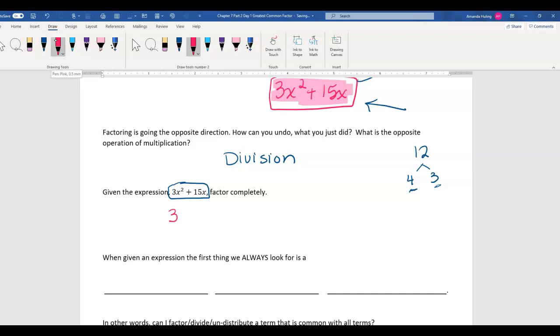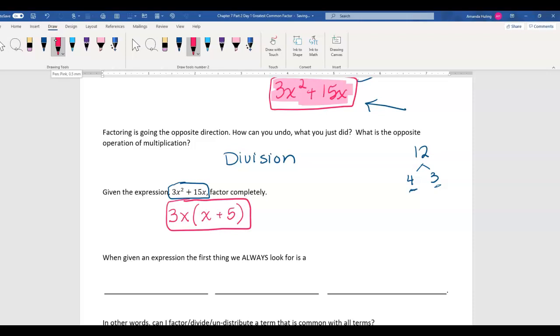And they both have at least one x. So I'm going to divide out, I'm going to undistribute. I'm going to put it out here. And think about it. If I wanted to multiply it in and my goal was to get to 3x squared, then I would just need one more x there. And if my goal was to get to 15, then I'd have to have that 5. And this x is already taken care of, so I'm good. So this is the factored version of this. One of the factors is 3x, and the other factor is x plus 5.